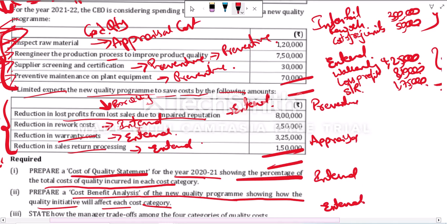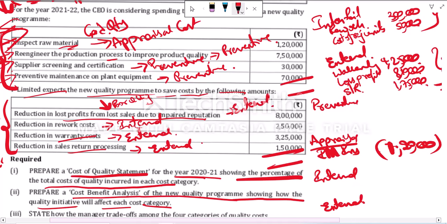Okay, how much they invested in appraisal cost? Only this one, inspection in raw material inspection. So how much? 7 lakh, okay, 1,20,000 negative. They have invested that, no, it is outgoing. And how much?